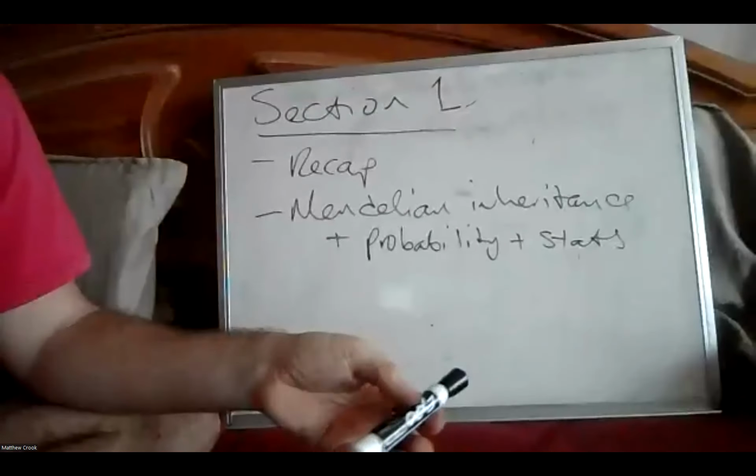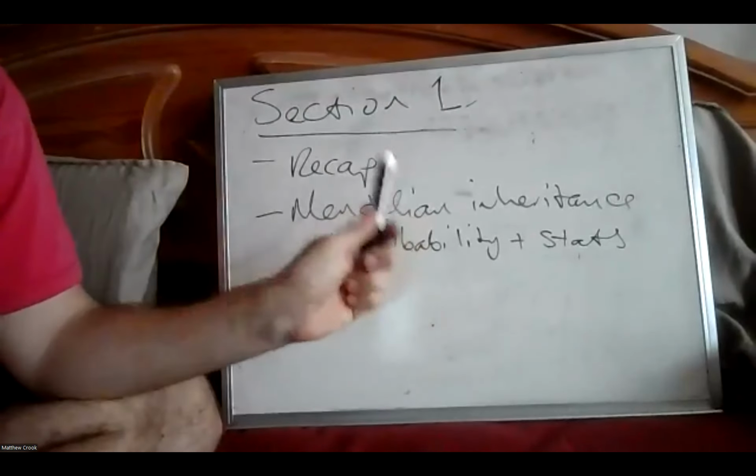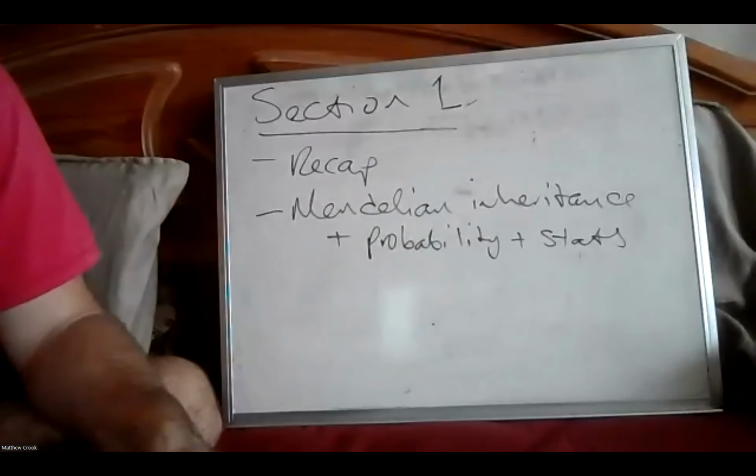It's all about using what you know about inheritance and properties of alleles and so forth to work out the probability that you get a certain genotype combination and phenotype in the offspring. So that's why we need the probability and stats. The stats is really all about seeing whether we get what we expect, right? That's the kind of stats that we'll be doing for that, and that'll also tie into the lab as well.